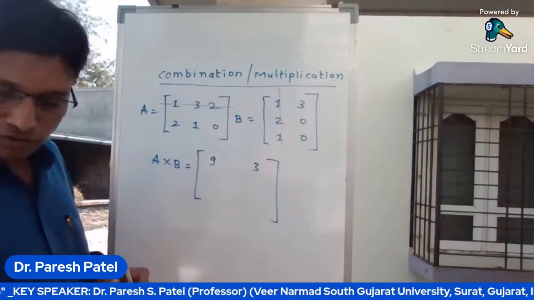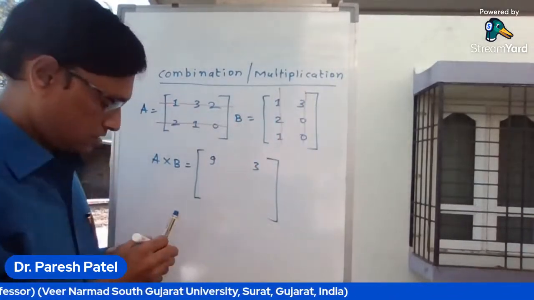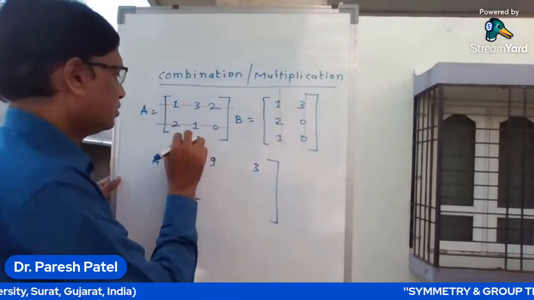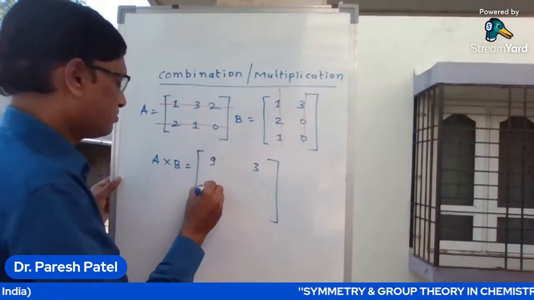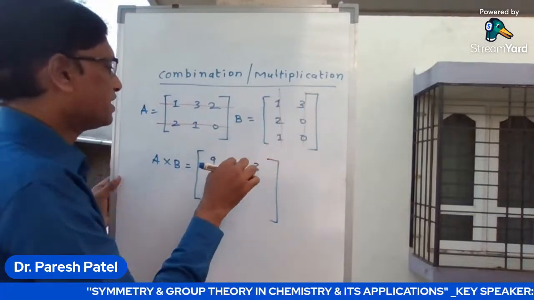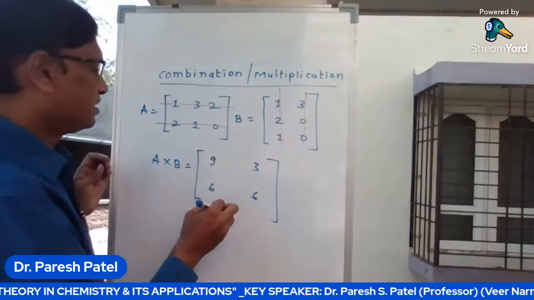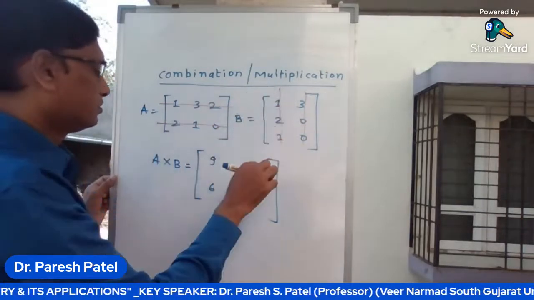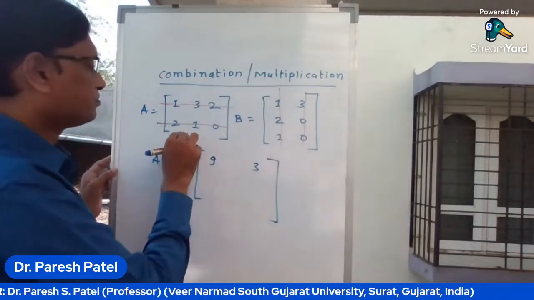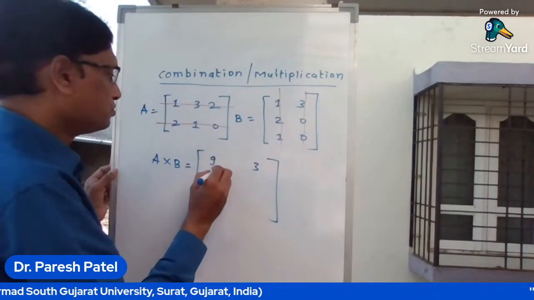Similarly, we have to go for the second row and first column. 2 ones are 2, 1 times 2 is 2, plus 0.